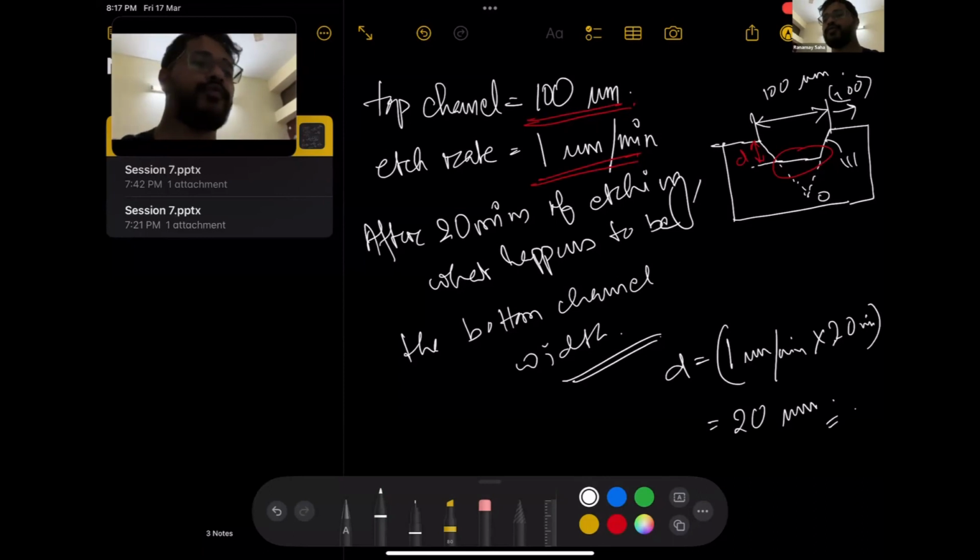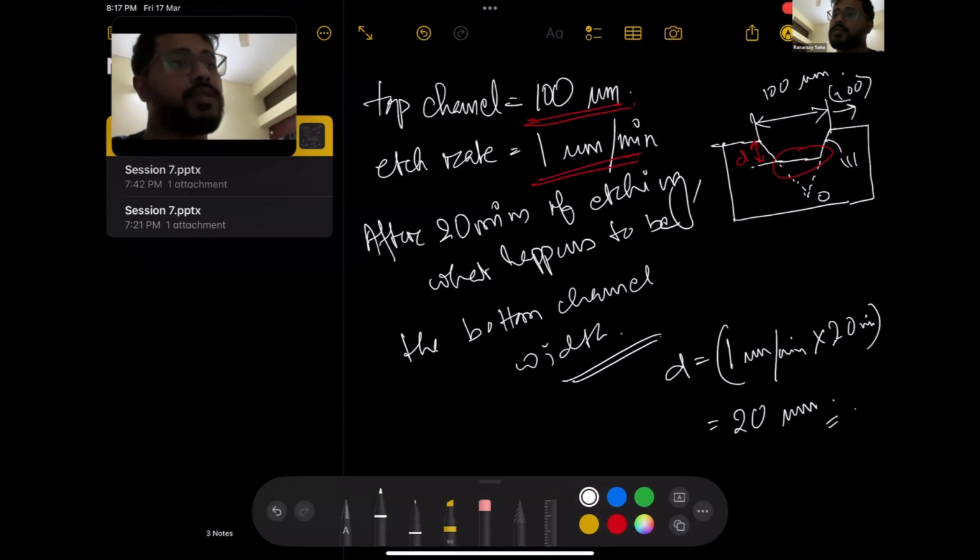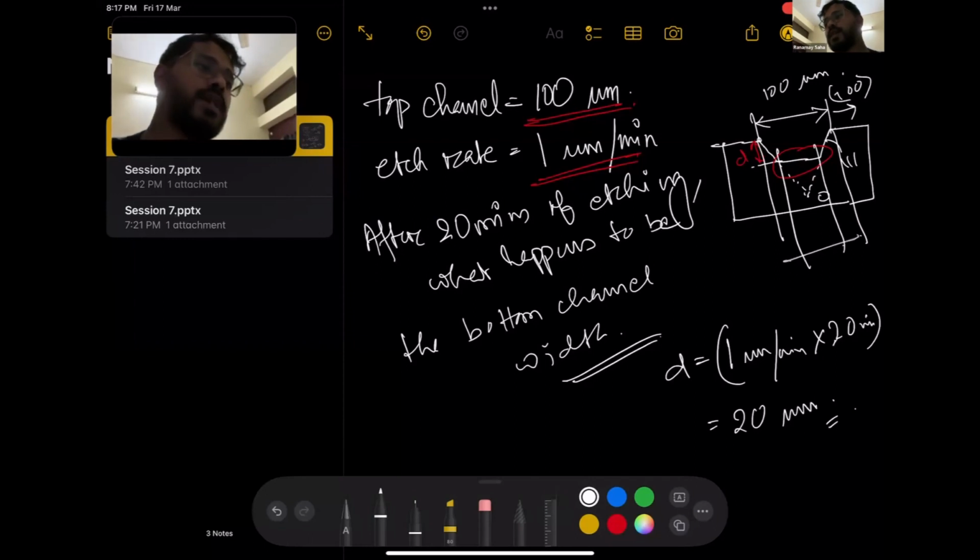Now we move to the previous diagram. You can see the top channel and the bottom channel.